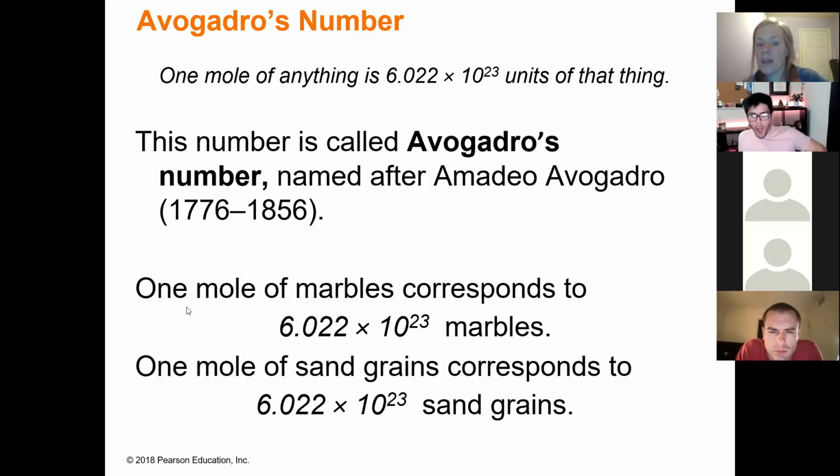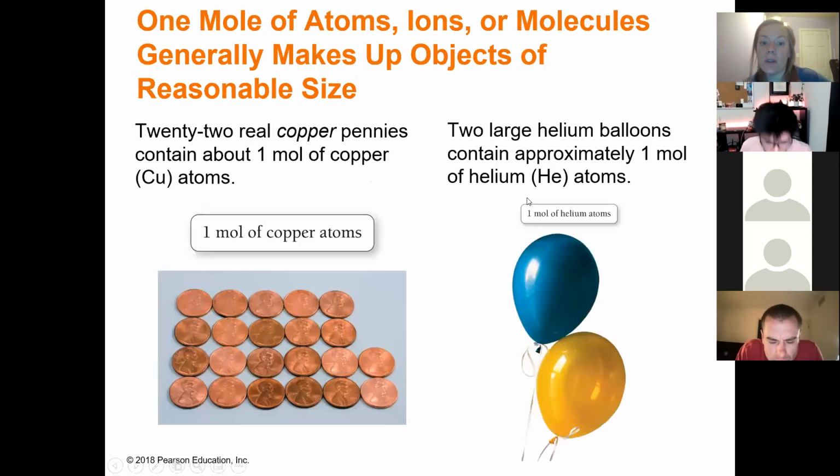And if you're thinking, wow, 1 mole is 6.022 times 10 to the 23rd, that's a lot, isn't it? It's actually not as much as you think. Just to beat a dead horse, 1 mole of copper is equivalent to 6.022 times 10 to the 23rd copper atoms, which is roughly 22 pennies.